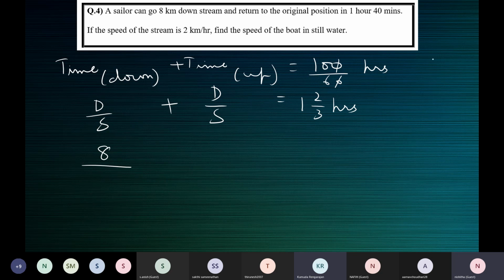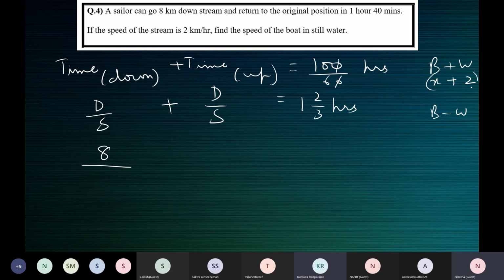If the speed of the boat is boat plus water, boat minus water. Boat plus water is downstream. Boat minus water is upstream. The speed of the boat plus the speed of the water is the speed downstream. Speed of the boat we don't know, x. Speed of the water is 2.